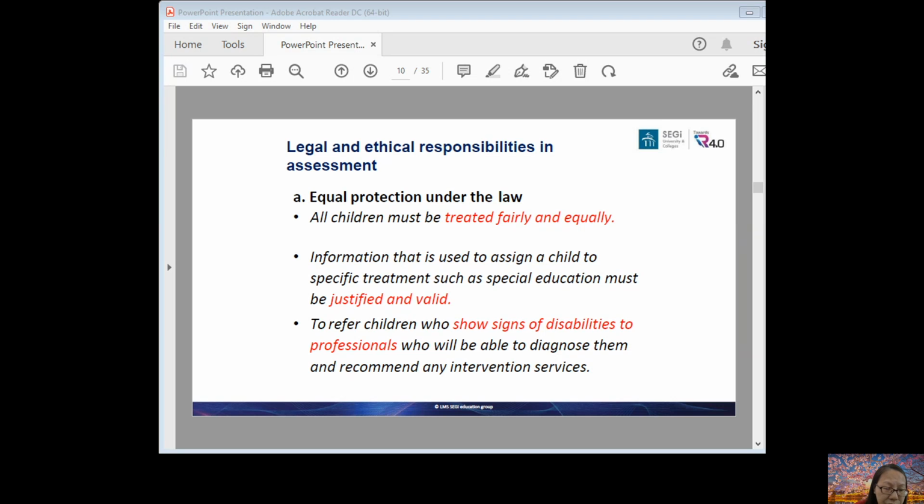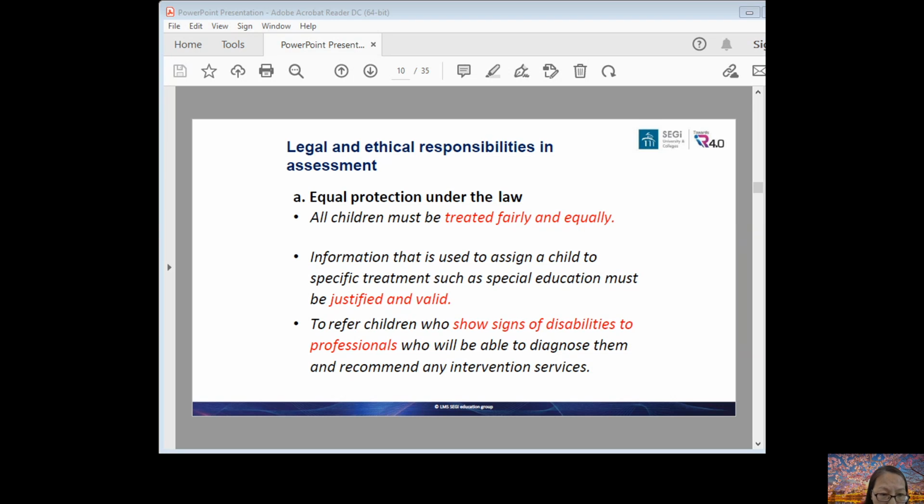To be fair, assess in the child's understood language. As mentioned just now, don't speak in a language that they do not understand. When you want to check further or communicate with them, you will not get the correct answer, and that may affect the results of your assessment or your interpretation.